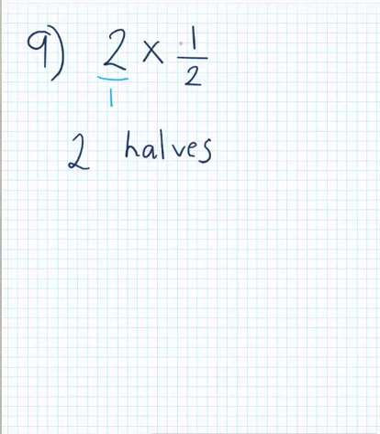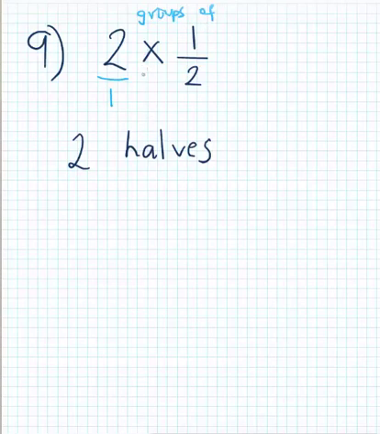What's actually happening? We're saying 2 halves, because this symbol here, times or multiplication, actually means groups of. Or sometimes it can just mean of, and that's why of in maths means times.